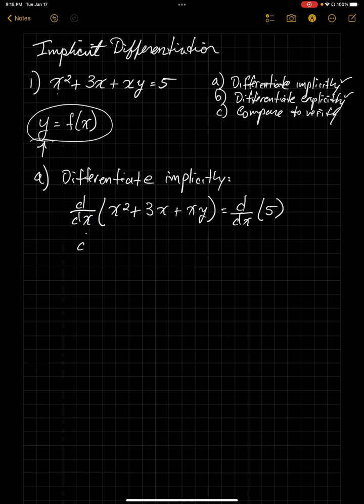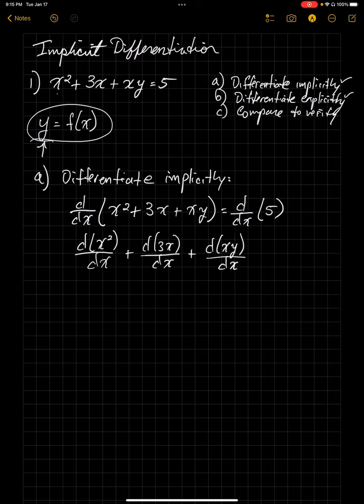Okay, so the left-hand side is pretty straightforward to differentiate. Essentially, we can break this out individually. This becomes d(x squared) by dx plus d(3x) by dx plus d(xy) by dx. And this is all equal to d by dx of 5, which of course you already can see right away is just going to be 0, since there is no x in the expression on the right-hand side.